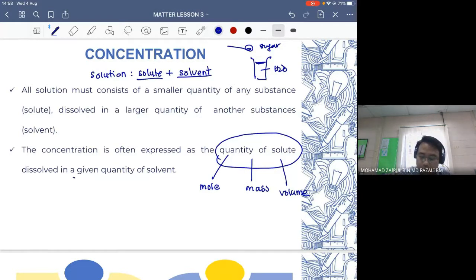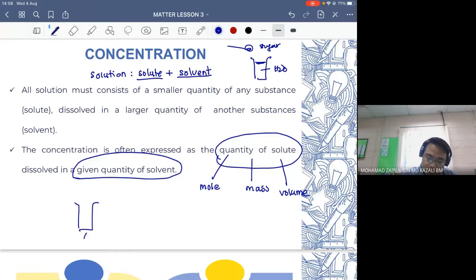Okay, dissolve in a given quantity of solvent. So for a given volume of a solvent, let's say this one I have glass A, this one glass B. Both have the same volume of water.